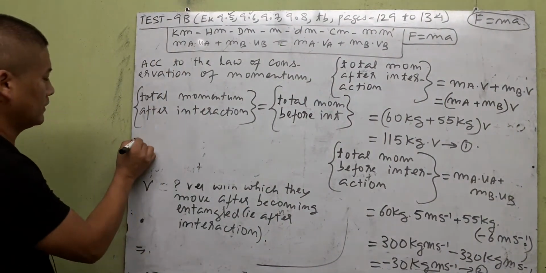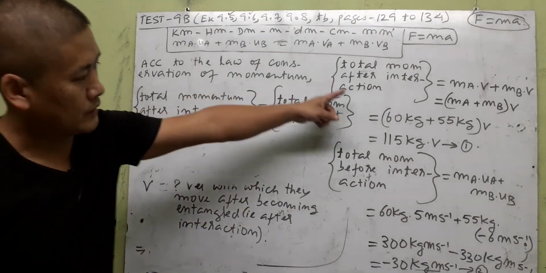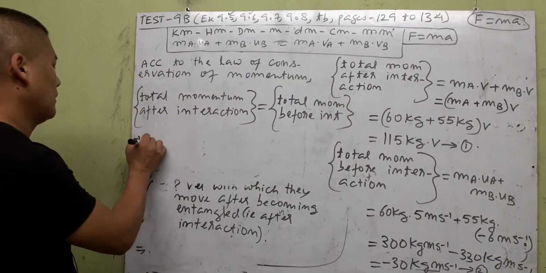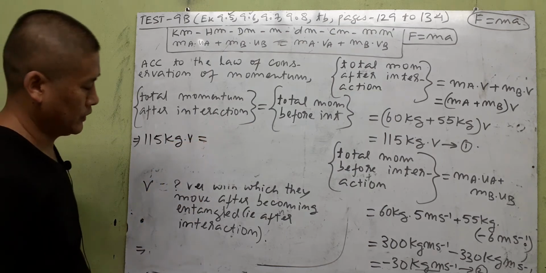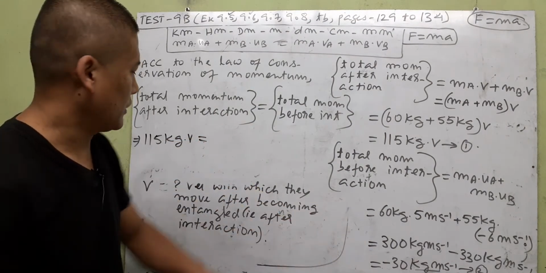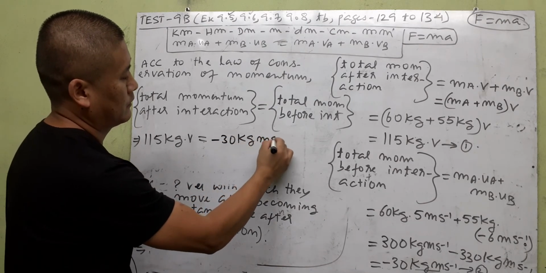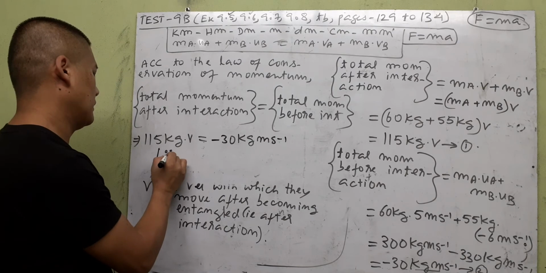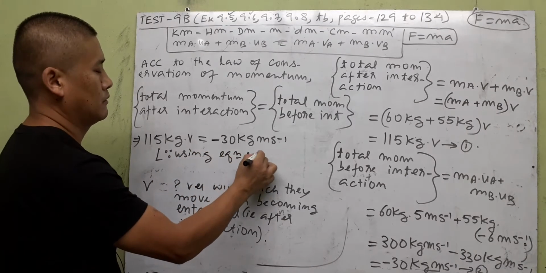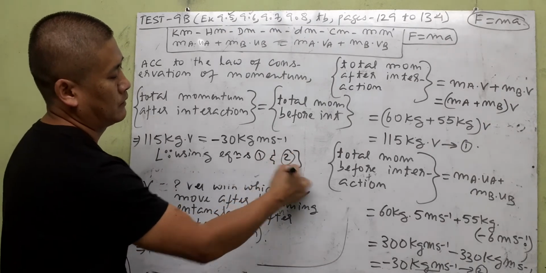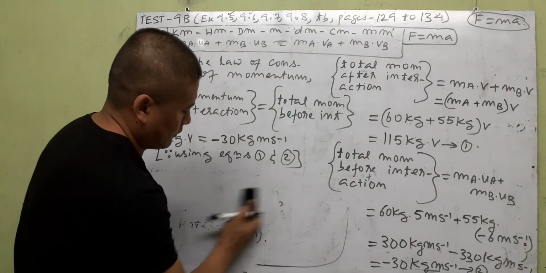So that implies total momentum after interaction is this one, 115 kg times V, is equal to before interaction, which is this one here, minus 30 kg meter per second, using equations 1 and 2. Almost done, so let's do slowly and patiently.